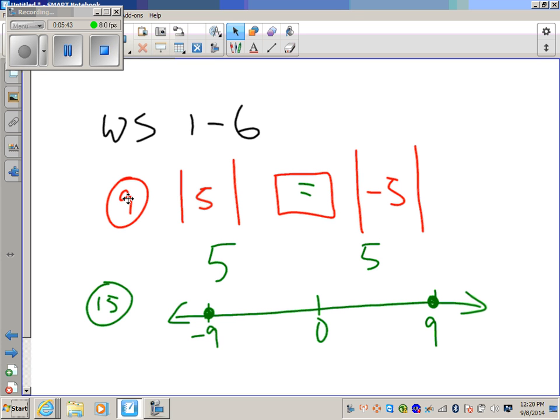Is it wrong if you don't put the opposite? Yes. Is it wrong if you don't use a point? Yes. Is it wrong if you don't label your point? Yes. So make sure you do all those things.